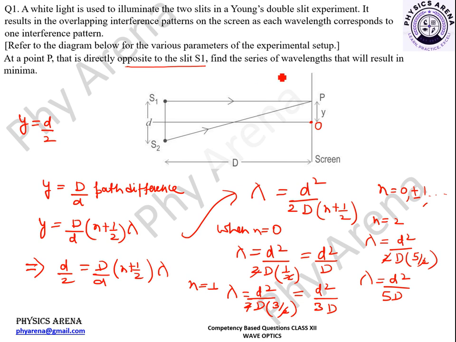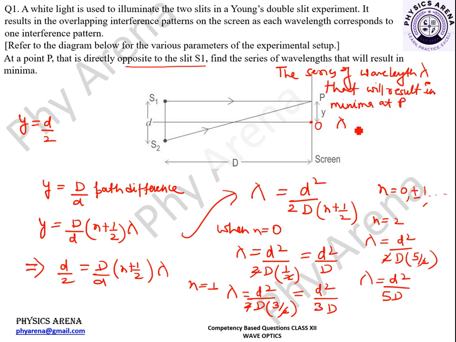So the answer is the series of wavelength lambda that will result in minima at P will be lambda equal to either d square upon capital D, or it may be d square upon 3 capital D, or d square upon 5 times capital D, and so on. So this is the answer for this question.